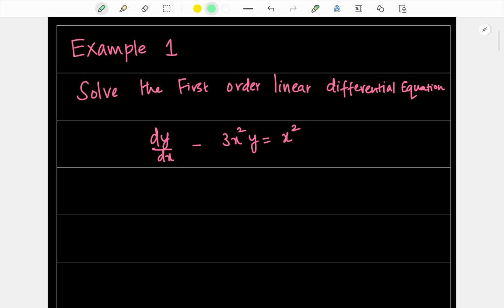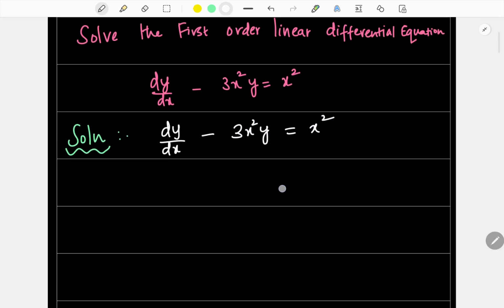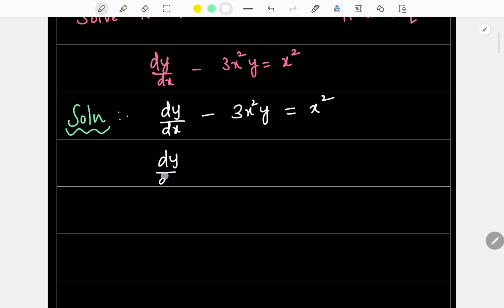Solve the first order linear differential equation dy/dx − 3x²y = x². Let's solve this. I'm going to write it in the form dy/dx + py = q.